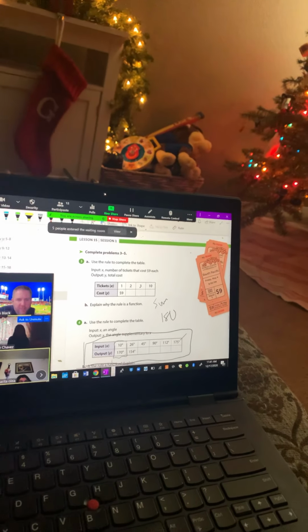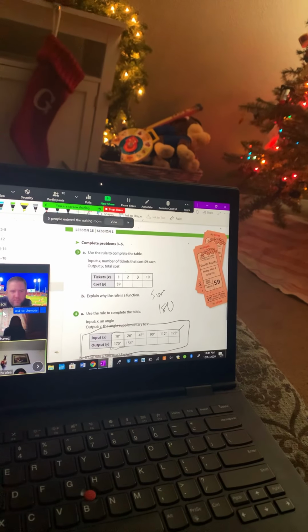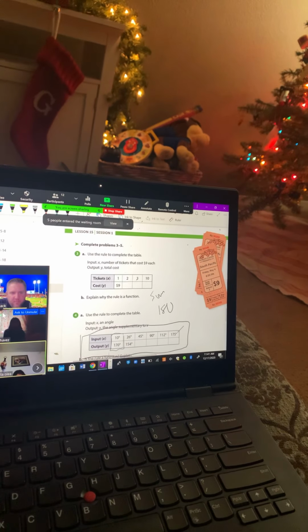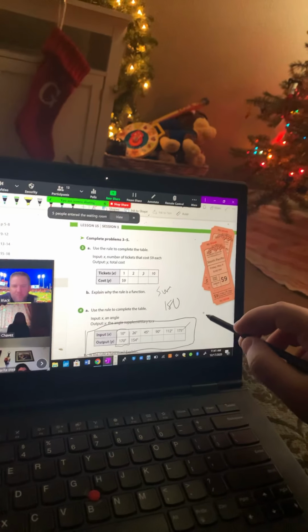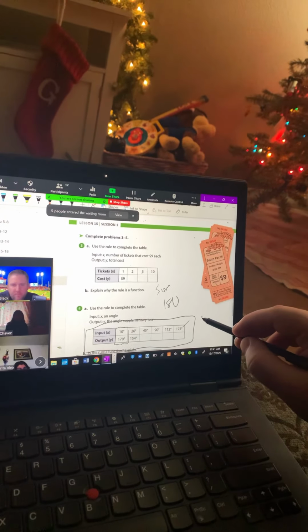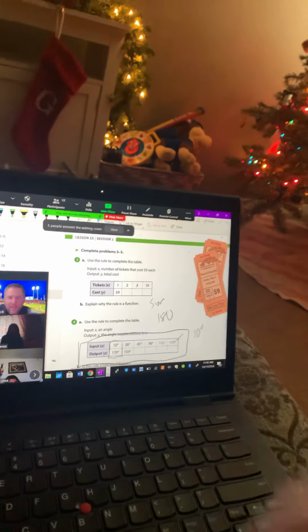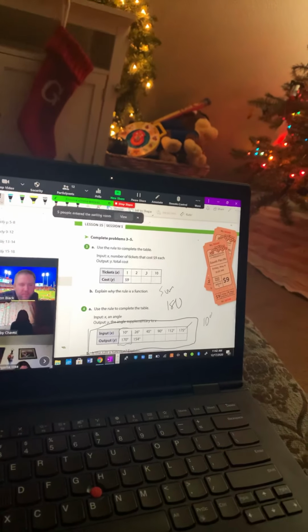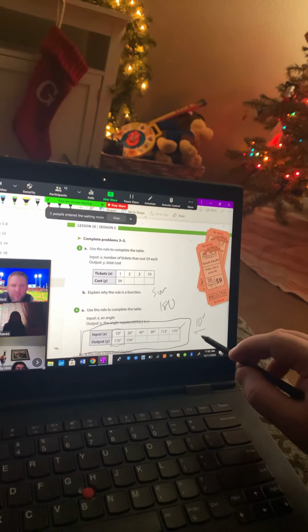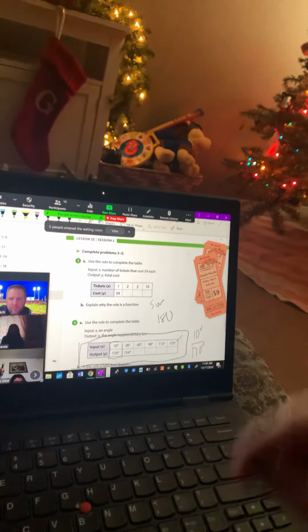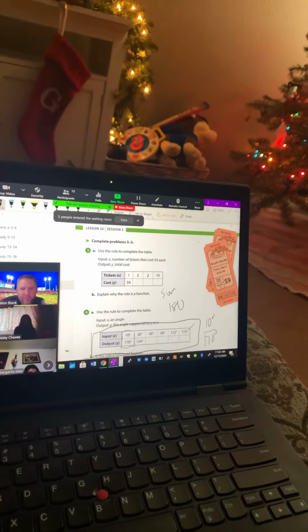Gabriel, what is the input for the first box? 10 what? Degrees. 10 degrees. And then what is the output? 170 degrees. 170 degrees. Okay.